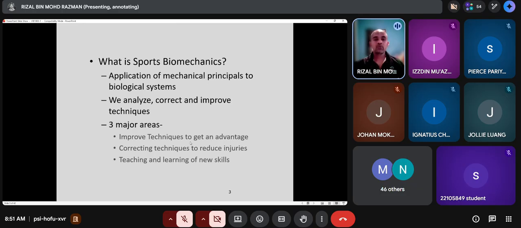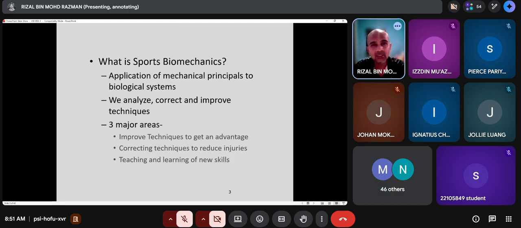Most of the time we are to do with technique. We look into techniques: throwing, jumping, running, landing techniques. And the three major areas are: we try to improve technique to get advantage, we try to correct techniques to reduce injuries, and we use this in teaching and learning of new skills.